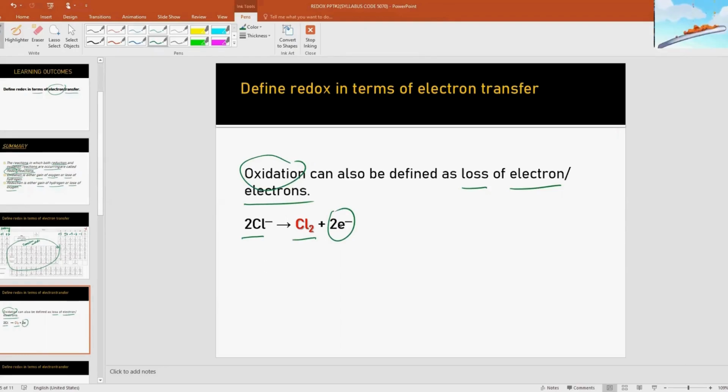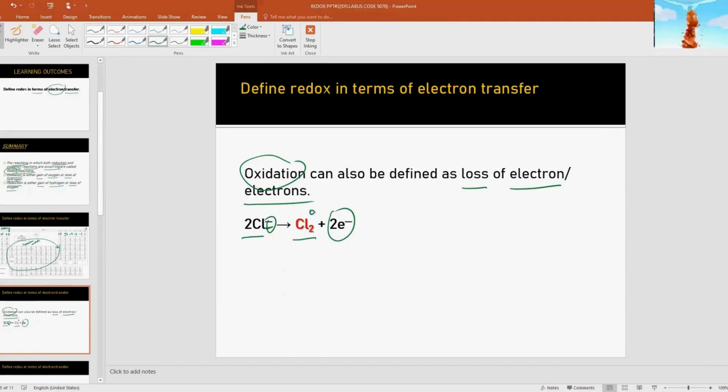If you look at the equation, you will see that Cl on the reactant side carries a minus charge. And after losing electrons, it will form Cl2. On the product side, Cl2 does not carry any charge, so we will consider Cl2 carrying 0 charge.